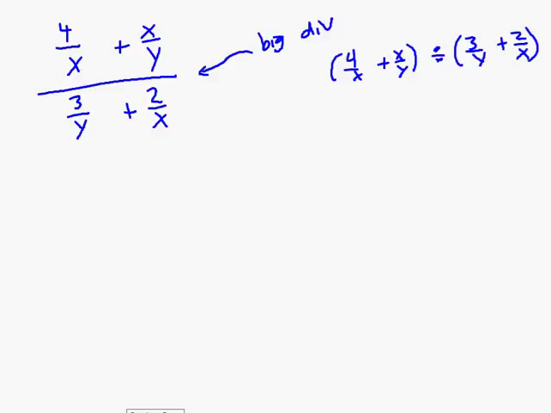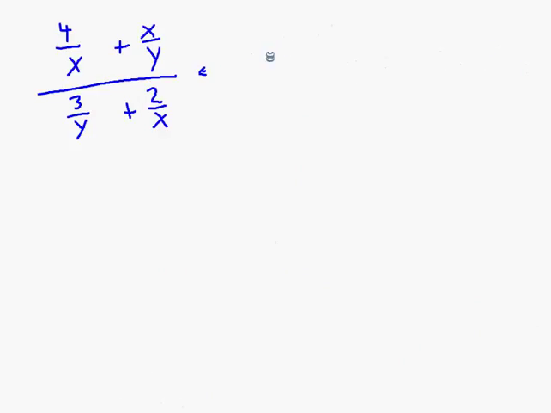So it's going to look really sloppy, but I'm going to try to clear out these fractions a step at a time. So I see that the common denominator right here is what? yx. So I'm going to multiply the numerator and denominator by yx in an attempt to clear that out. This is actually just a 1, which is why it's fine.